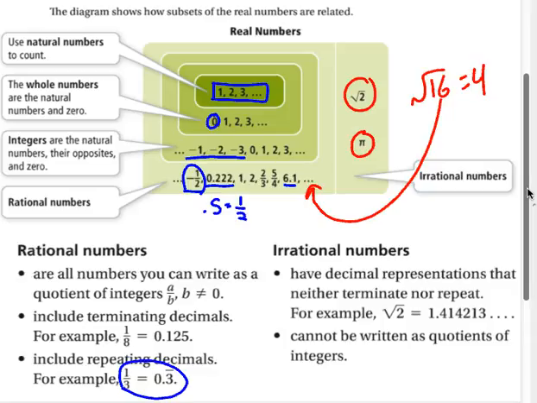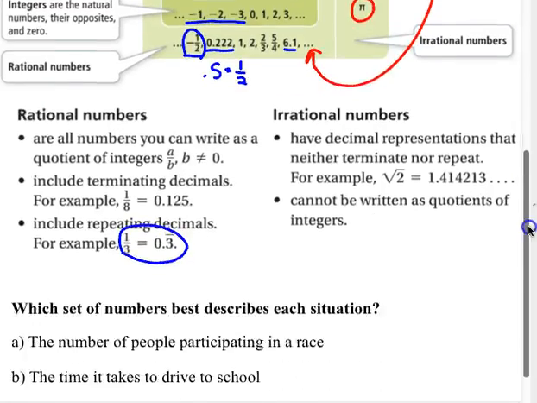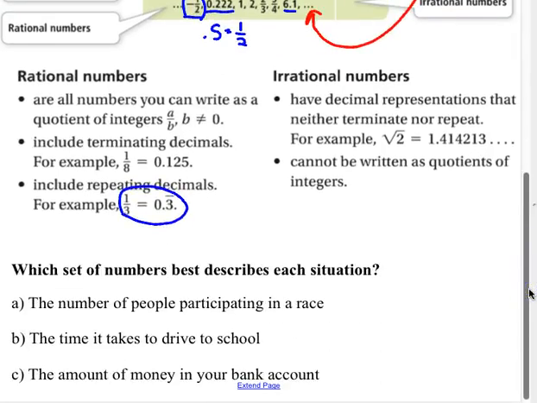So that kind of sums up all the types of numbers we're going to be dealing with for the most part in Algebra 2. Okay, so let's take a look at, if I give you a scenario, can we put it into a number system? For example, if I'm talking about the number of people participating in a race, what types of numbers are described by this?